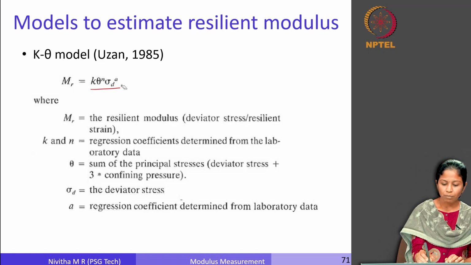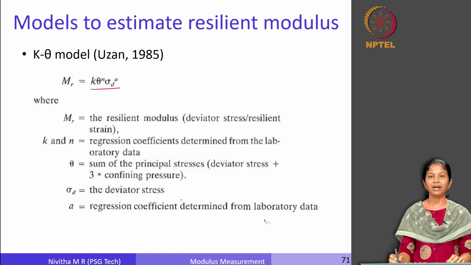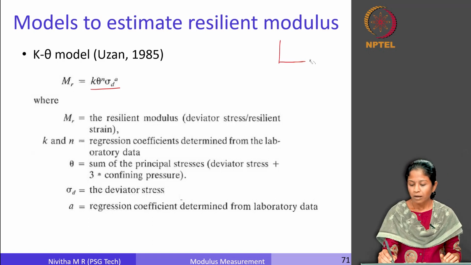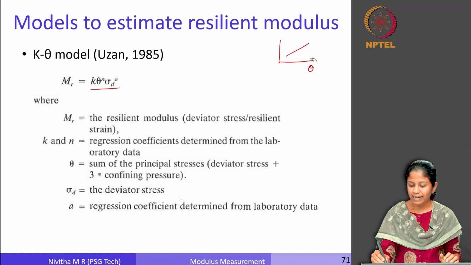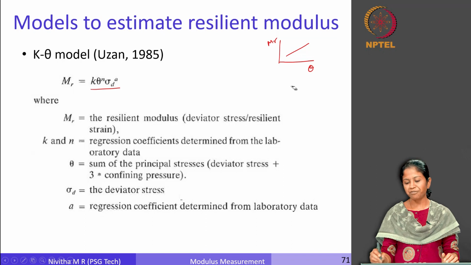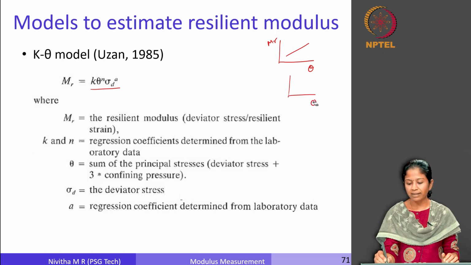This is the Uzan model. Previously we said that for most materials, as the theta value varied, the resilient modulus increased, right. But for some fine grained soils, they observed that as the theta value increased, the resilient modulus decreased.